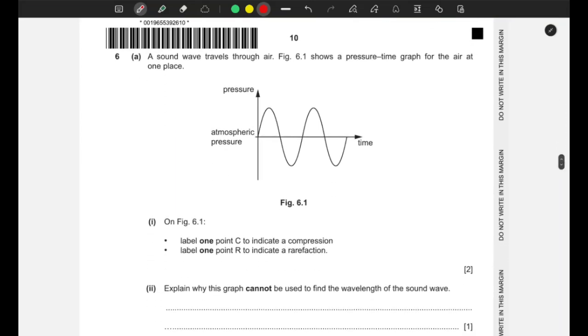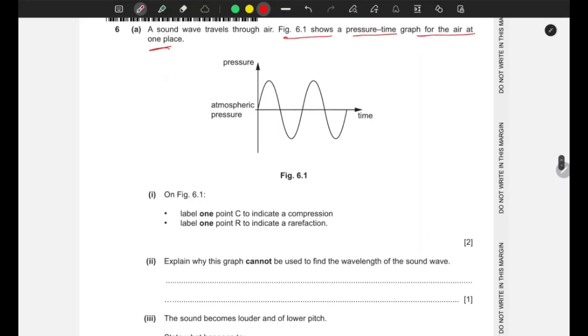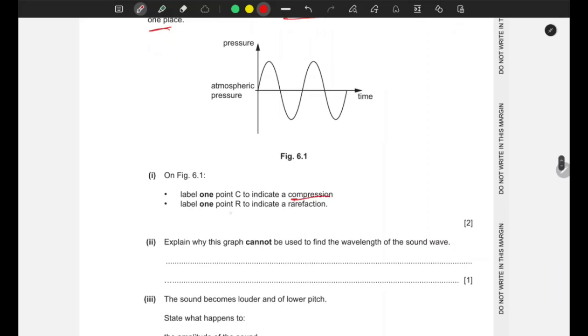Question 6. A sound wave travels through air. Figure 6.1 shows a pressure time graph for the air at one place. Label C to indicate compression and R to indicate rarefaction. So let's try and understand the graph first.